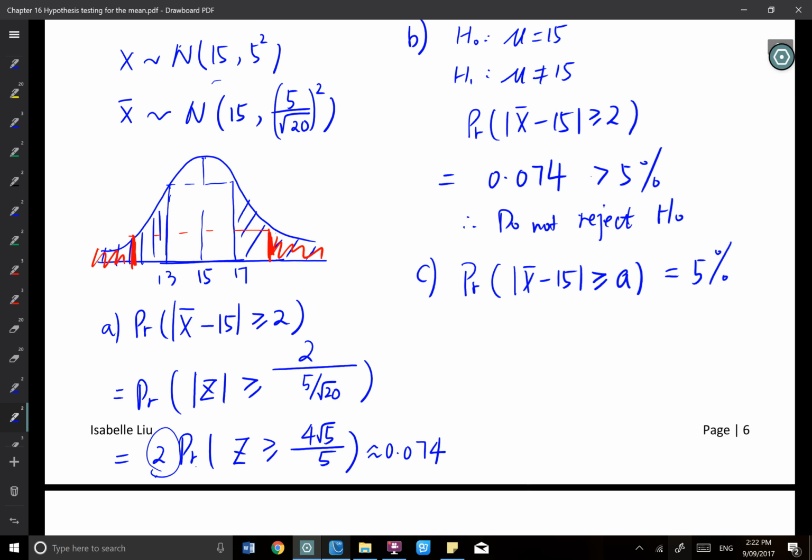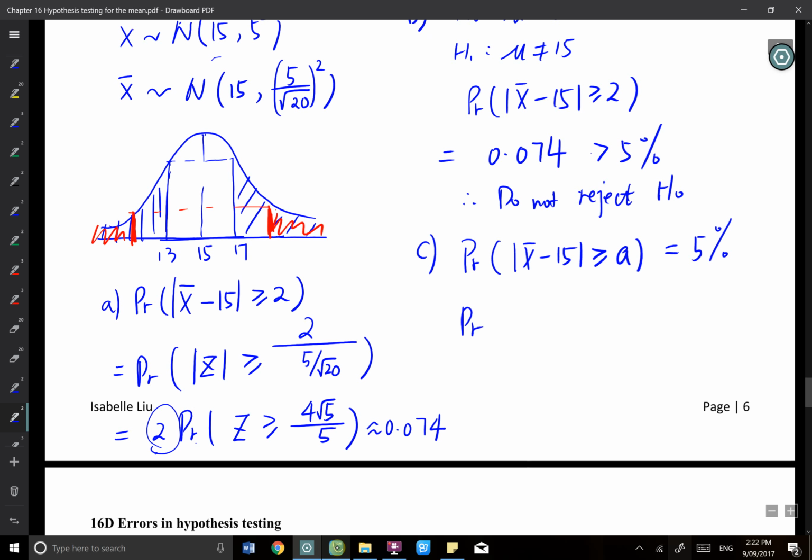So again, I can say that's the probability that Z is greater or equal to A divided by the standard deviation, and that equals 5%.